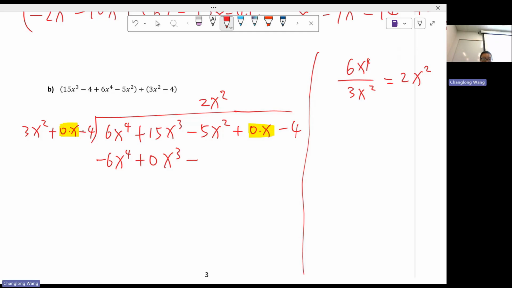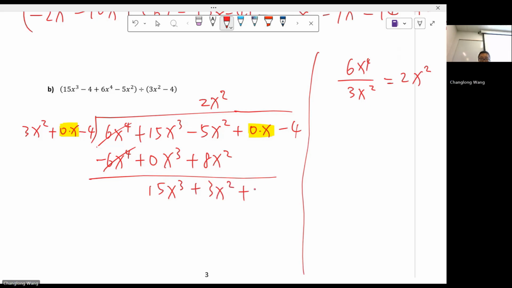Now, here, it will be negative 8, right? x squared, but make it opposite. Now, add up. You have 15x to the third, right? This is positive 3x squared, right?